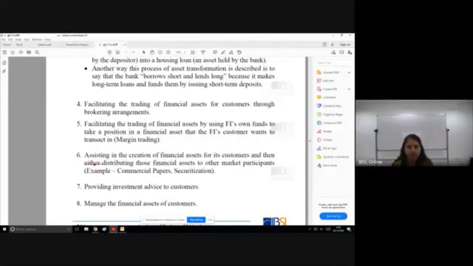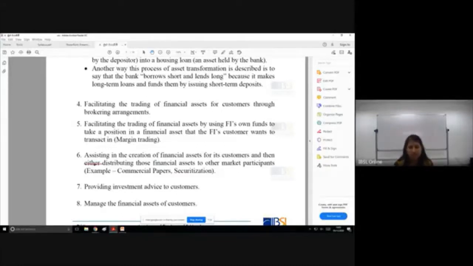So that's why we are referring to this as assisting in creating the financial asset. They will structure that entire deal for you, that entire financial asset, where they will help you decide: we can price it at this point, we'll put this as the return percentage, we will have a return of this much, we will have a tenor of this much for the product.